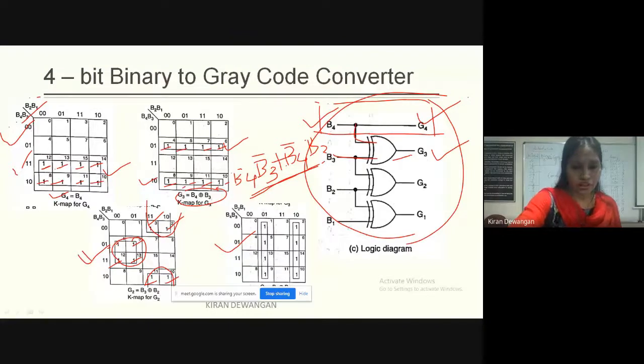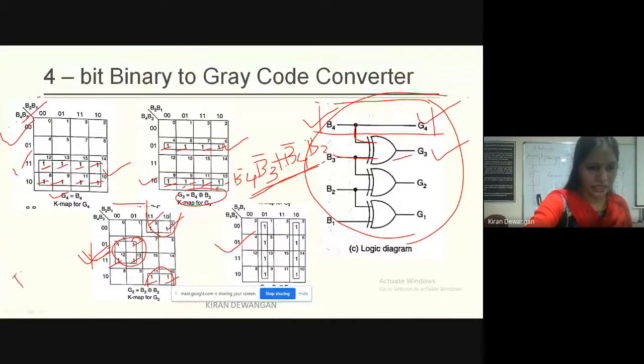So if we check for this quad, what is the answer? What is common? B3, B2 bar. And what is common here?